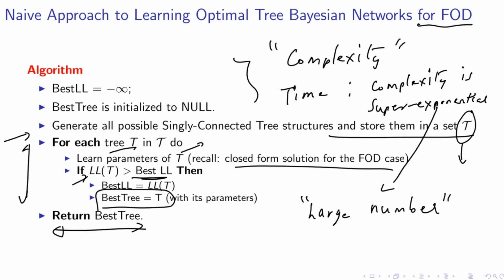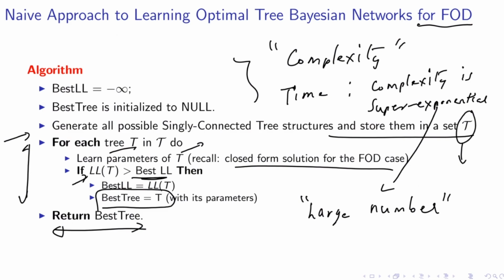In fact, even if I restrict myself to binary trees, the number of all possible binary trees is a huge number. So that's why the time complexity is super exponential, and this algorithm is useless in practice, right? The space complexity is also super exponential in this case because the way I've presented the algorithm, I'm storing all these tree structures in a set called T.